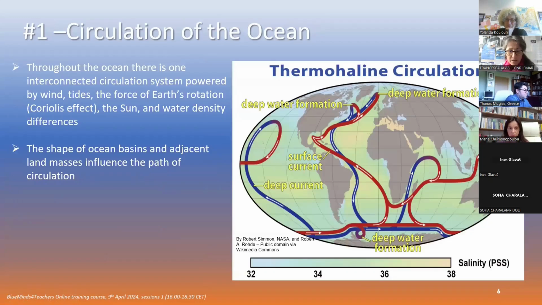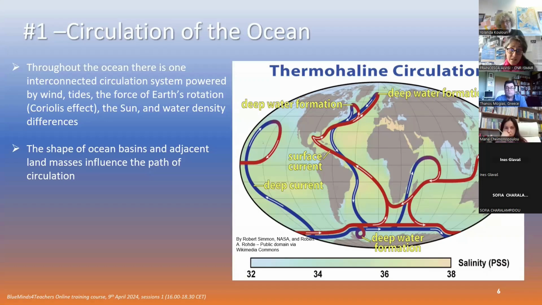So the third parameter has to do with another topic that is about the circulation of the ocean. So the ocean circulation is determined mainly by 2 things. One is the shape of the container, so how the seafloor is made, how the ocean basins are made and connected among each other, and the other depends on the characteristics of the water.